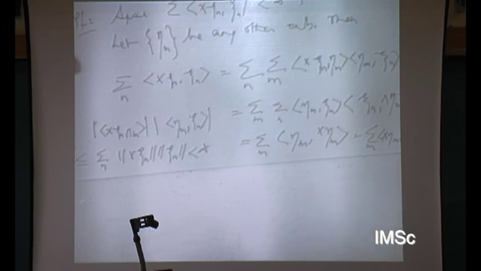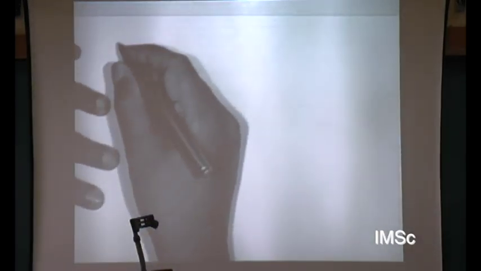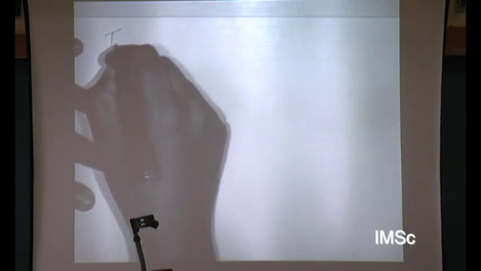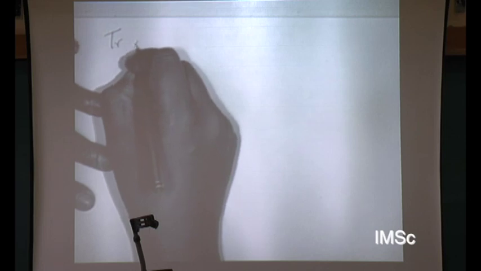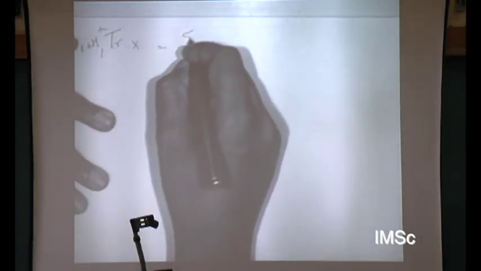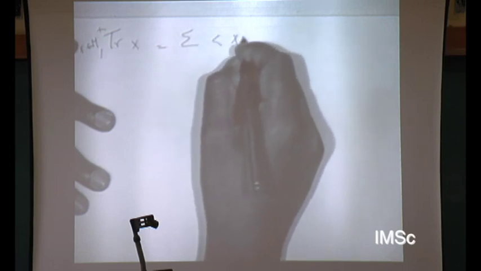Right? So you see a neat proof of what we spent 2 or 3 days to do. So I define the trace of x, for x positive, I define this to be the summation of x xi n, xi n.